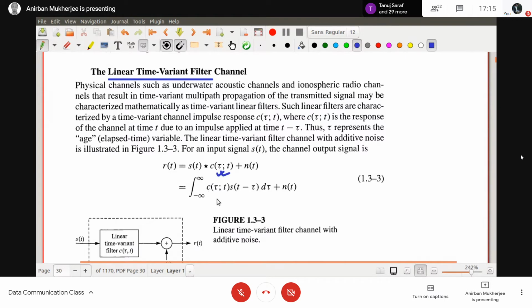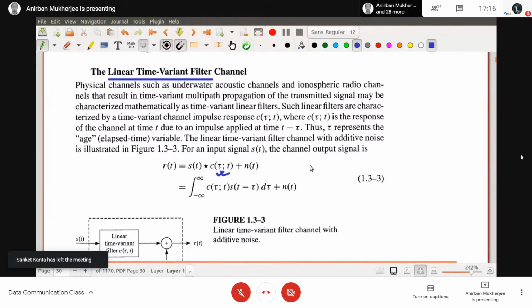That means your output is dependent not only on tau, c is also dependent on tau and t. That means absolute time. At least, this linear time variant topic you have studied in signals and systems. Please brush up that knowledge.